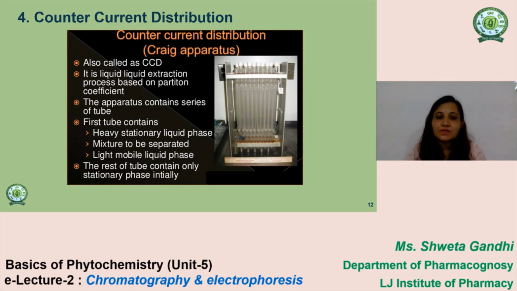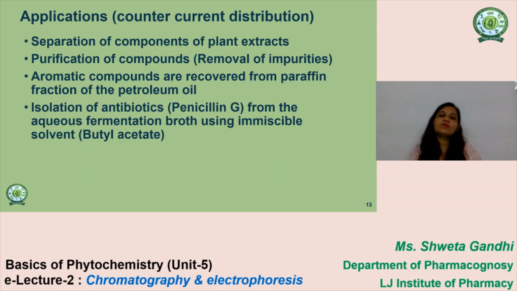The first tube contains heavy stationary phase and the mixture to be separated, light mobile phase, and the rest of the tubes contain stationary phase initially. So this counter current distribution depends on partition chromatography, and in chromatography, two main things to be remembered are stationary phase and mobile phase.